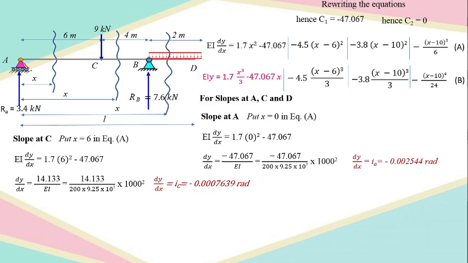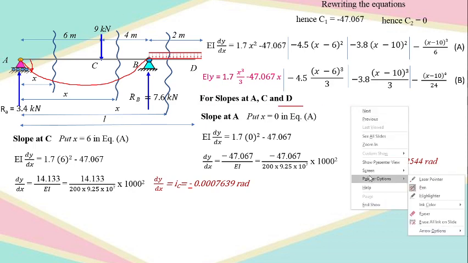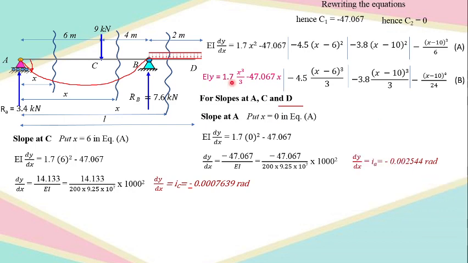As in the elastic curve, the tangent rotates from theta is equal to 0, that is slope is equal to 0, till the slope at A, in which direction? Clockwise. So that's why we are getting minus. Is that okay? Similarly, now for finding out the slope at D, what will be the value of x? The x value is equal to 12, 6 plus 4 plus 2.